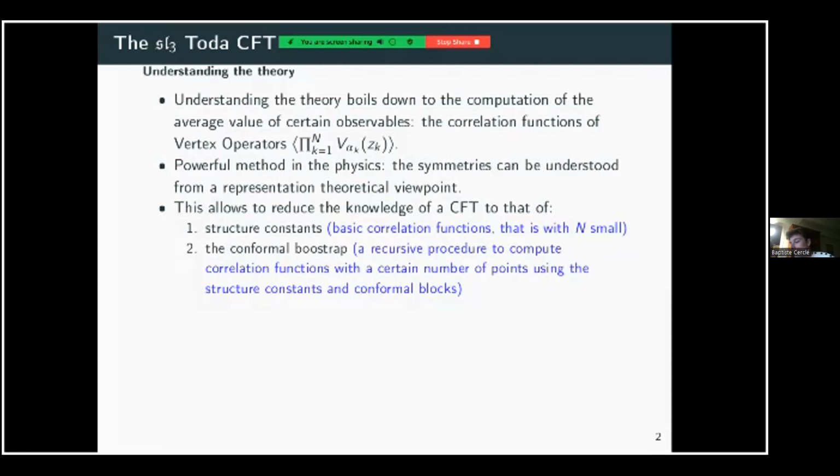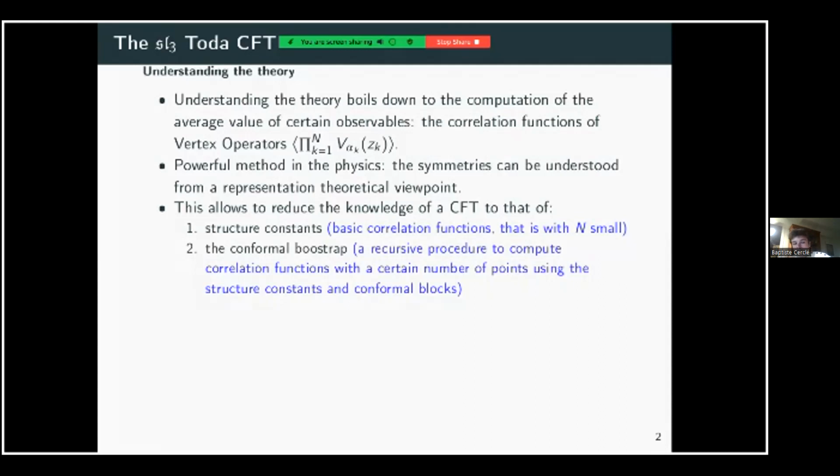In the case of Toda or Liouville, n will be equal to 3, so the structure constants are just 3-point correlation functions. And the second ingredient that you need to understand this conformal field theory is the conformal bootstrap procedure, which is a recursive procedure to compute all correlation functions based only on the basic correlation functions.